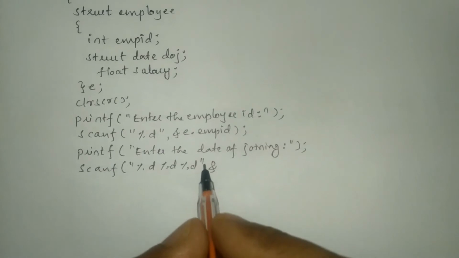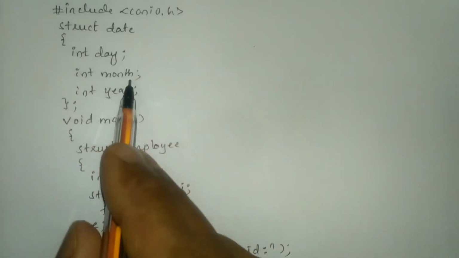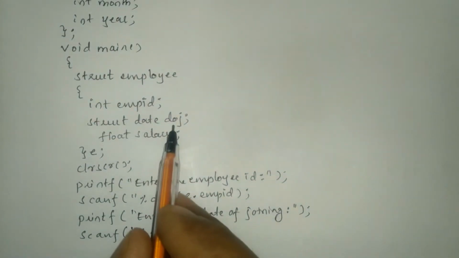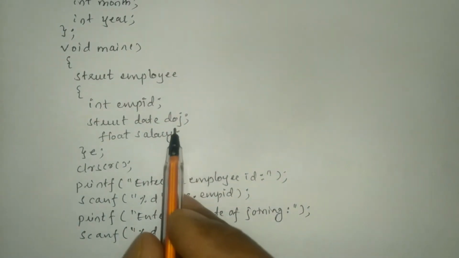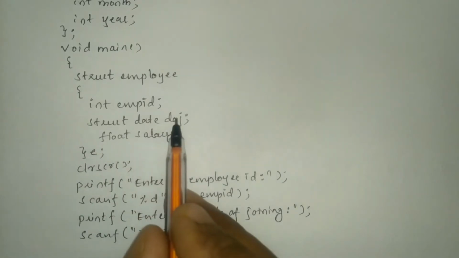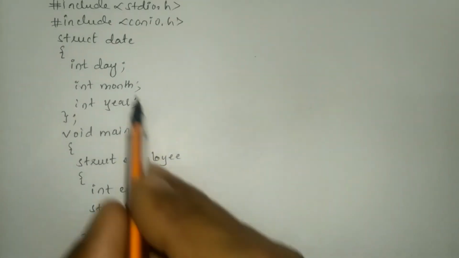So in order to access the day which is present in the date structure, and here we have got date of joining, what we need to do is make use of the object dot doj dot day.